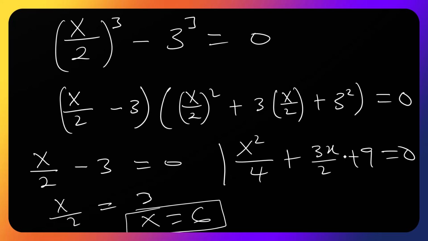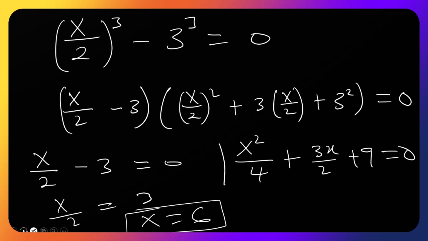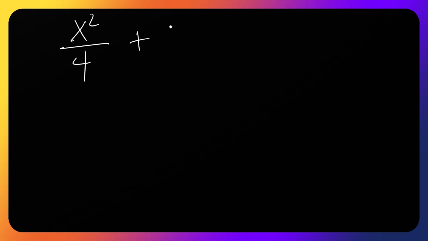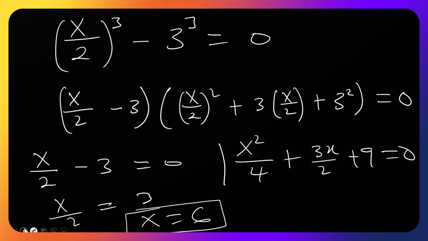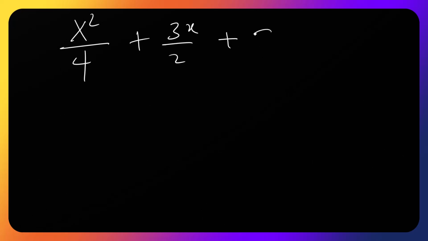Now let's delve into the next one. x squared over 4 plus 3x over 2 plus 9 equals 0. So let's dissolve this.